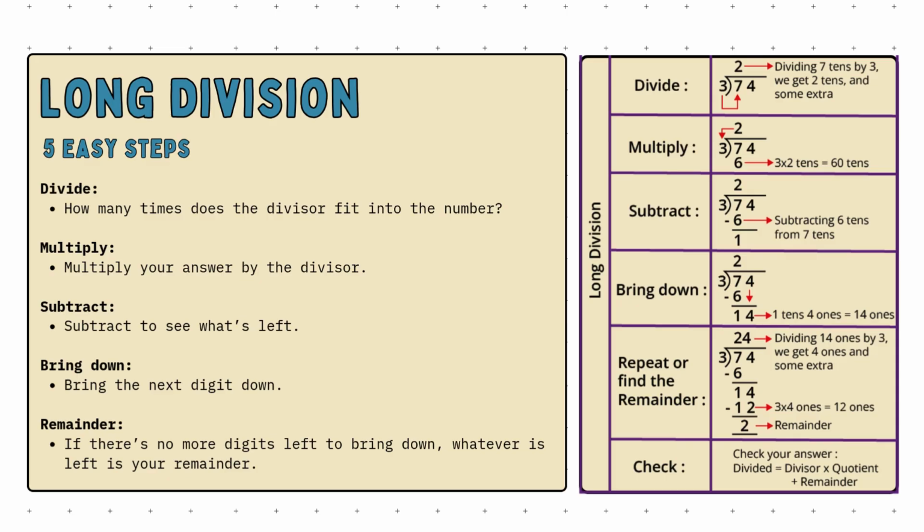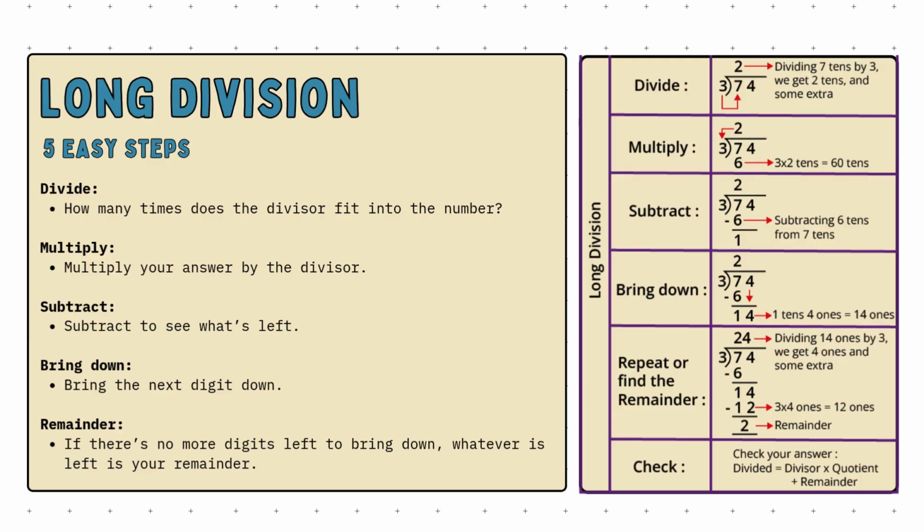No. So 2 becomes our remainder. Final answer: 74 divided by 3 is 24 remainder 2. You can also write this as 24 and 2/3. Or if you're using decimals, you can continue and write it as 24.6 with rounding.